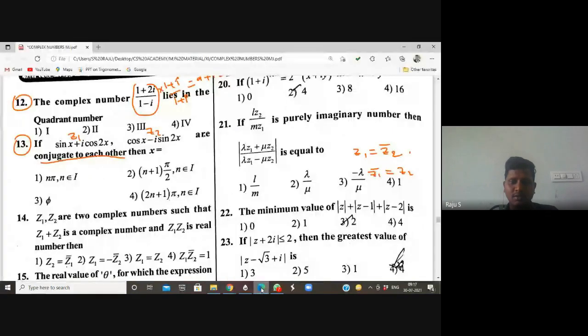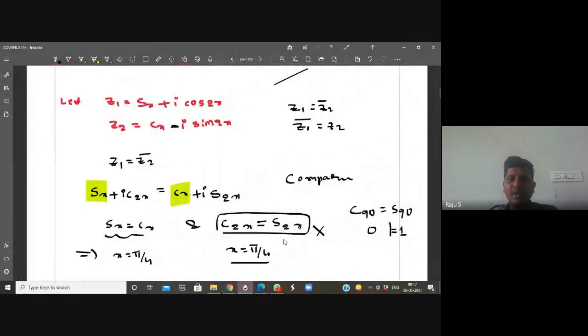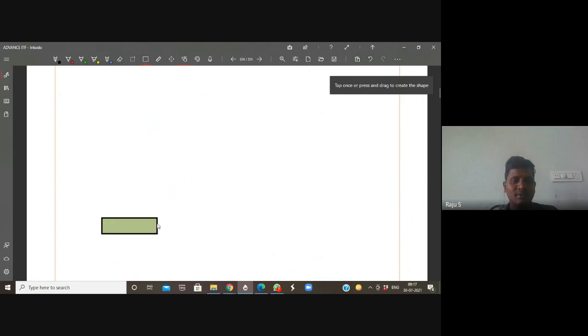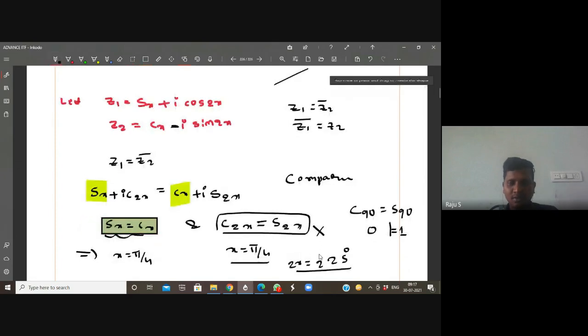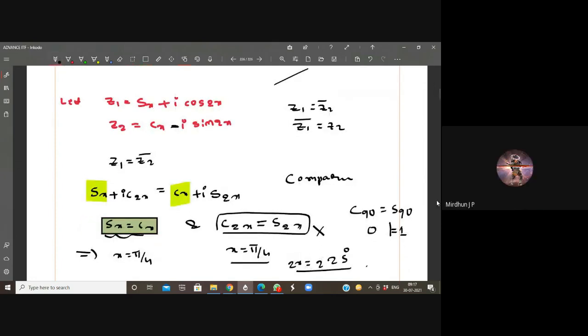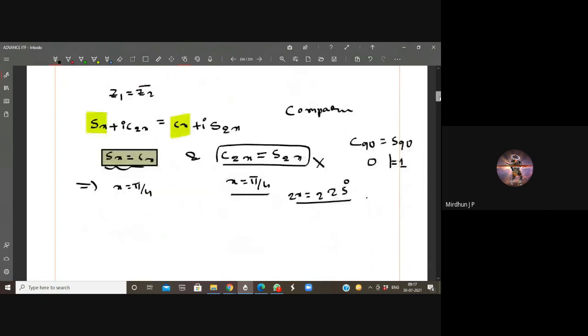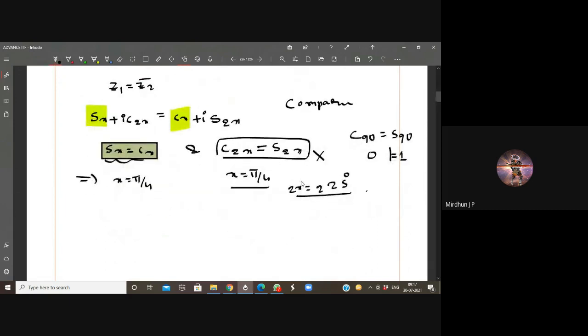But see here, one of the values will satisfy. 2x is equal to, if I take, 225 degrees, cos 2x is equal to sin 2x, but sin x equal to cos x, in that case, again no. So sin x equals cos x at 45 degrees, 135 degrees, 225, and it goes on, changing every 90 degrees.